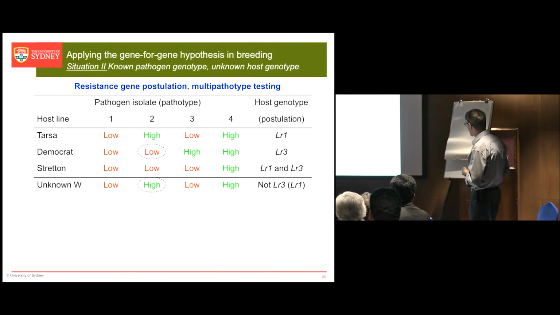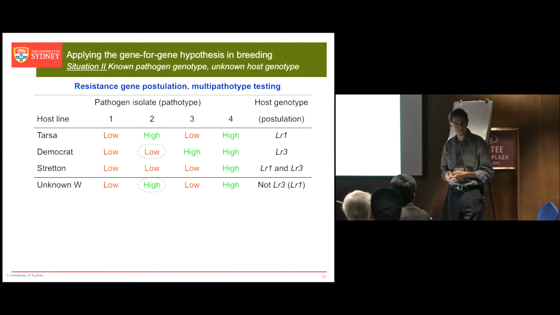So the way we would interpret this data properly according to the gene-for-gene hypothesis is we would conclude that this variety does not carry LR3. That would be the proper conclusion from that data. What we would also say is it's possibly LR1, but we can't say that with 100% certainty. All right?